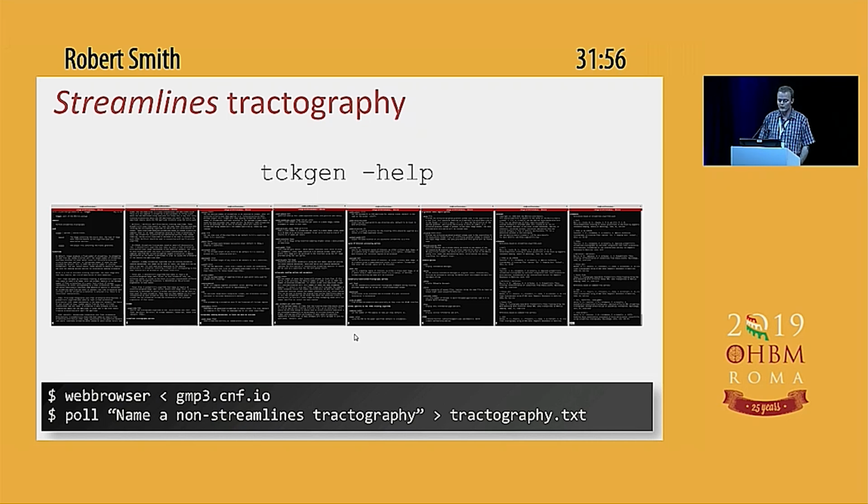So even though you can't actually see the underlying text, the main message that I want to convey here is that even though the fundamental paradigm of streamlines tractography is very simple, there's actually a lot of latent variables, a lot of different dials that you can tweak. And every single one of these little dials is going to influence the result that you get from streamlines tractography.